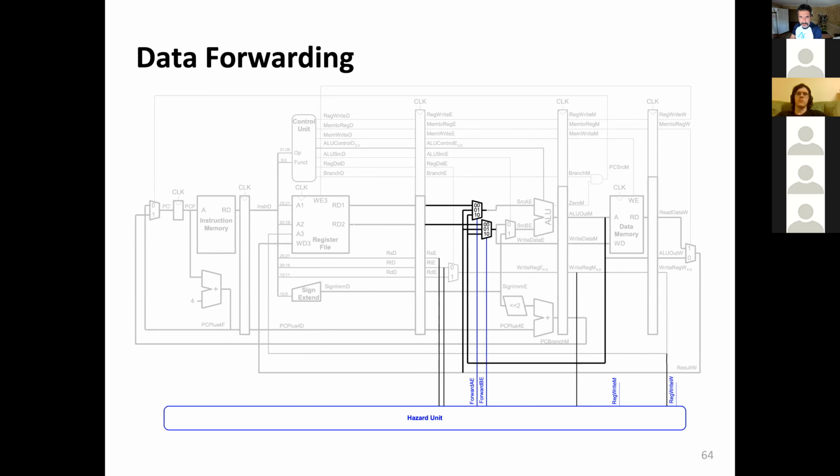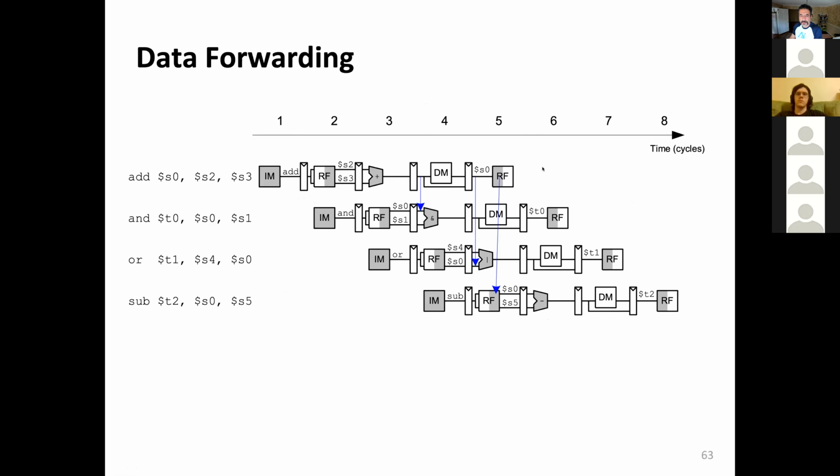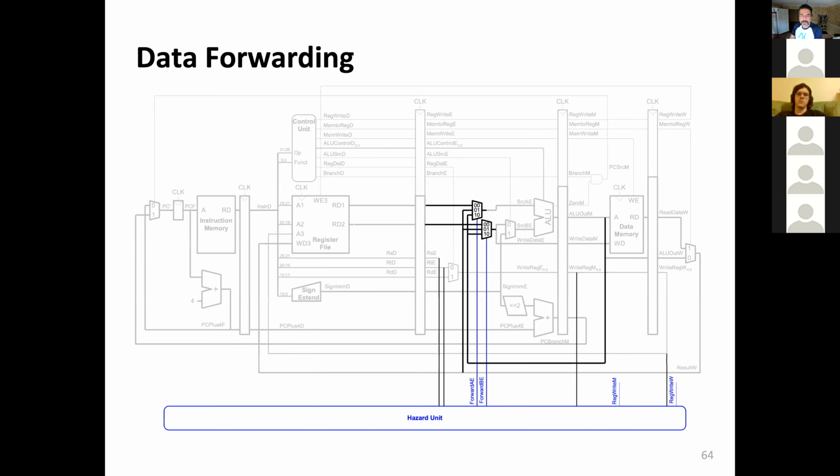So here you see a new data path between here and here. So the ALU would require additional input, and you need to extend these muxes that are coming to the ALU.